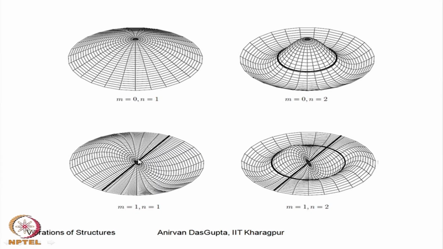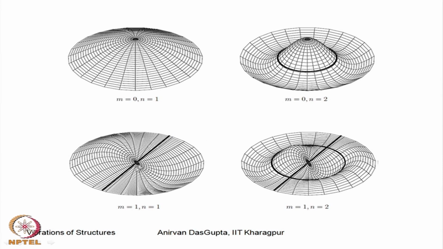Then the sine mode will be 0 at phi equal to 0, which means the nodal diameter just gets rotated 90 degrees. So, that would be the sine mode. So, why do we have degeneracy? Now, it is very clear from this figure what we had discussed for the rectangular membrane. We had discussed the isotropy in the modal space, but now we can see this isotropy also in the physical space.